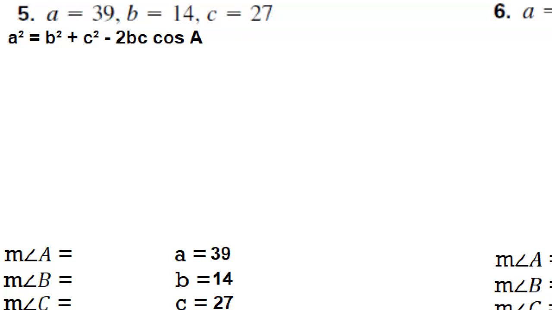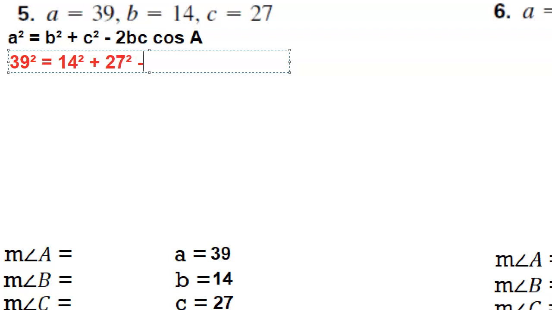If we plug in everything that we know, it would look like this: 39 squared equals 14 squared plus 27 squared minus 2 times 14 times 27 times the cosine of A.